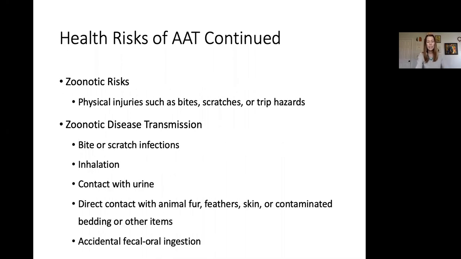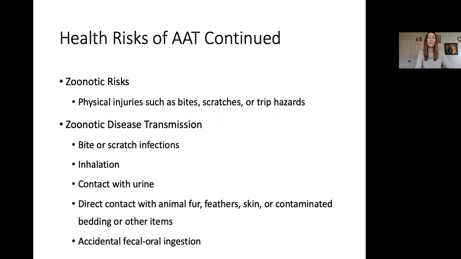So zoonotic diseases can come from many pathways and many exposure types. So again, it's just important to think through all of this so that we can consider how best to protect our patient and therapy animal population. Zoonotic diseases can come from bites or scratches. They can come from inhalation of infected particles, contact with infected urine, direct contact with contaminated animal fur, feathers, skin, or even their bedding or other items that have touched infected animals.